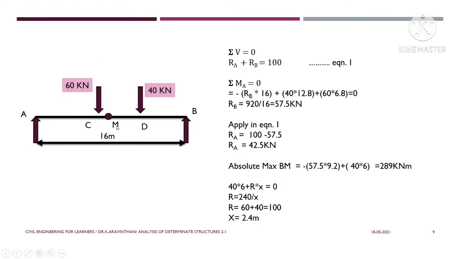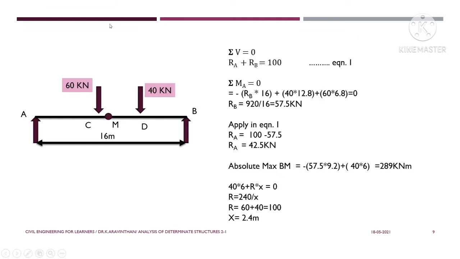So I have written the midpoint as M. This will be 8 meter from point A. This is the midpoint. For a moving load, you have to take the resultant load first, and you have to locate the moving load at a particular ratio so that the load will be transferred to the midpoint.